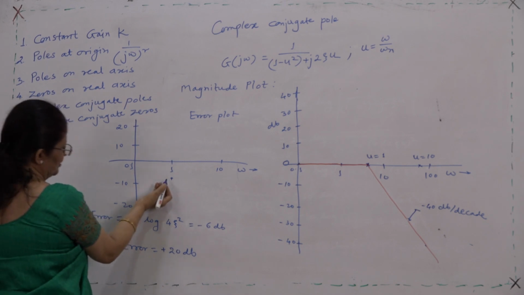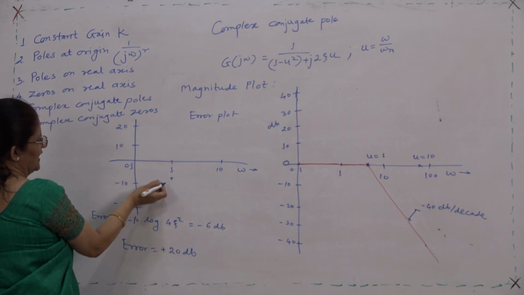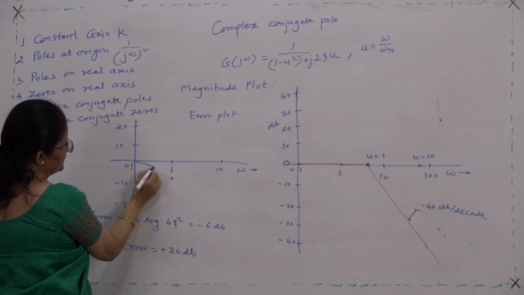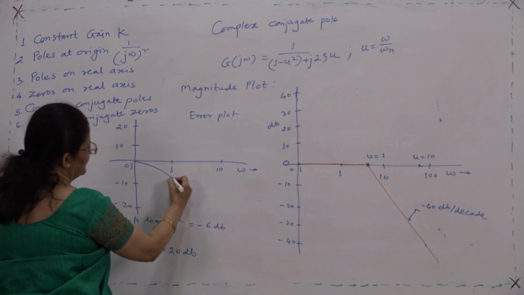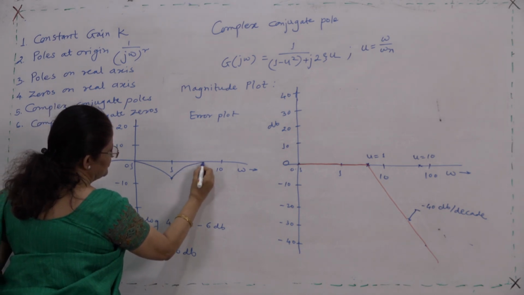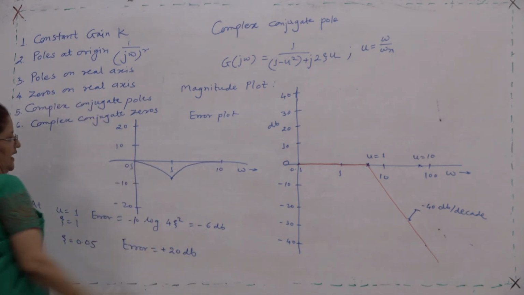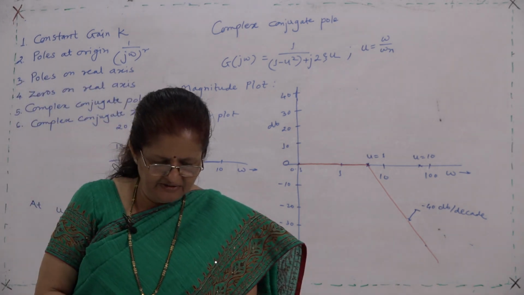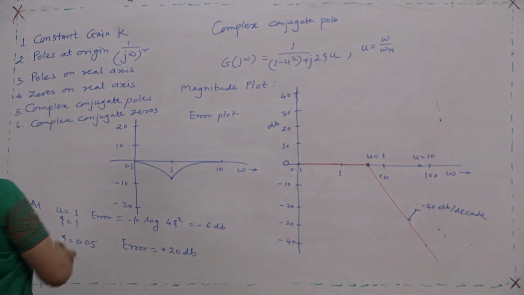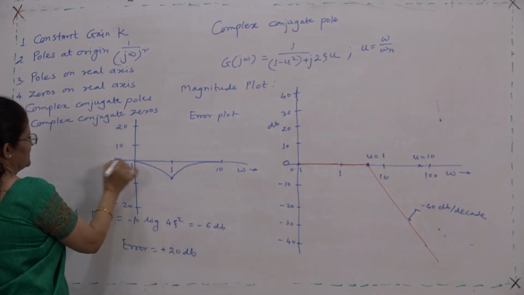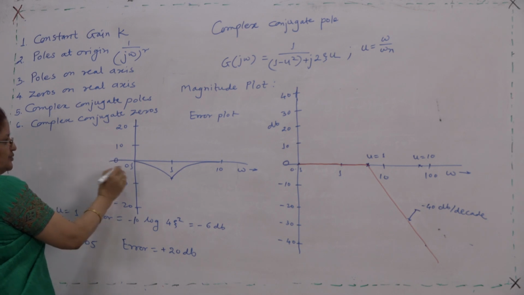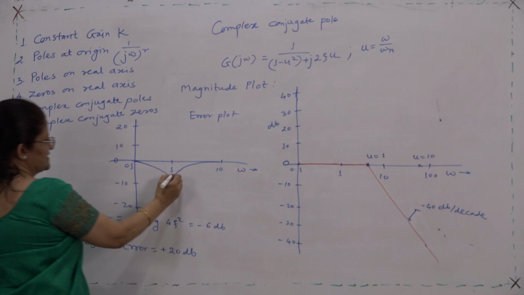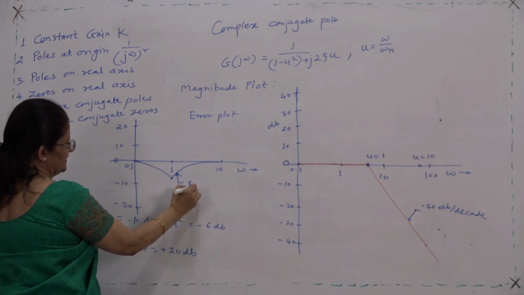As you are going at 1 it is maximum, as you are going towards 0 you will get less and less error. As you are going away from this, less and less error, that we have seen for the actual values which we are considering. So, you will get the values somewhat like this. This is 0 dB, as you are going away you will get nearly 0, and so you can represent it somewhat like this. So, this is when the value zeta is equal to 1.